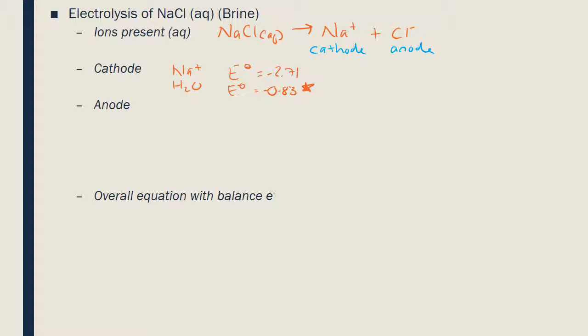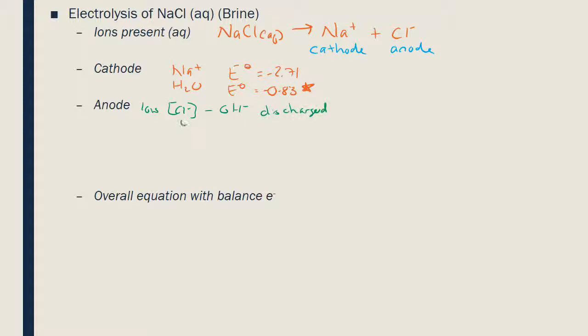So at the anode, two things can happen. If we have a low chlorine ion concentration in our brine solution, OH- is going to be discharged.